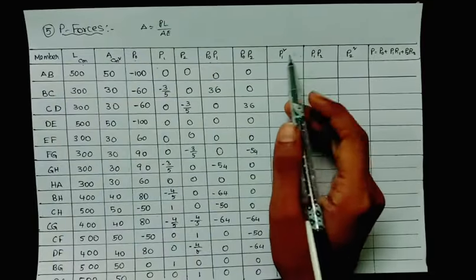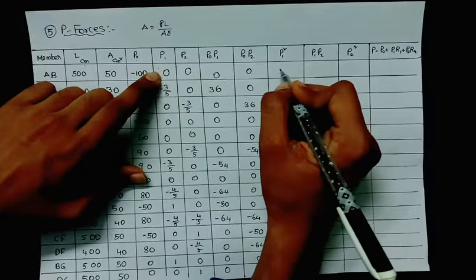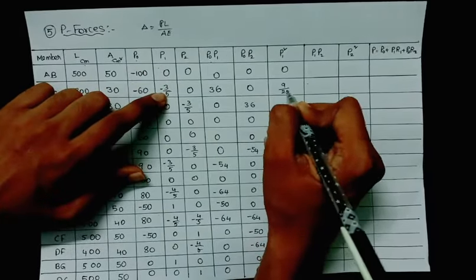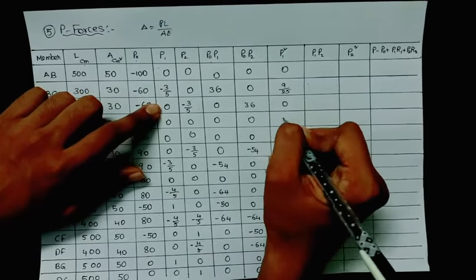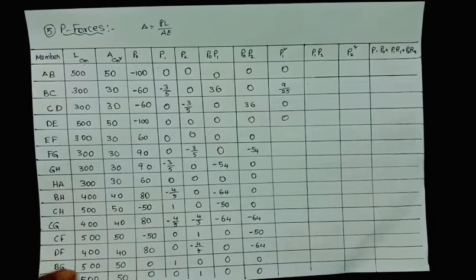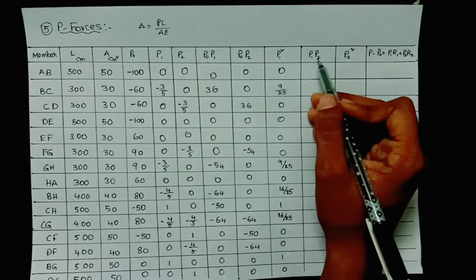Now the next one is P1 square, that is square of this column. So 0 square is 0, 3/5 square is 9/25, and 0 square is again 0. Similarly square all the P1 values and write here. The next one is multiplication of P1 and P2.